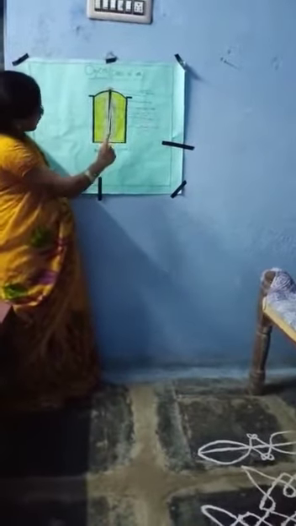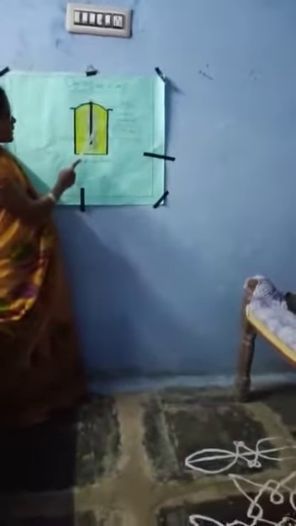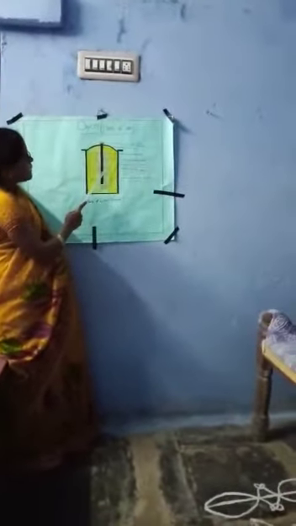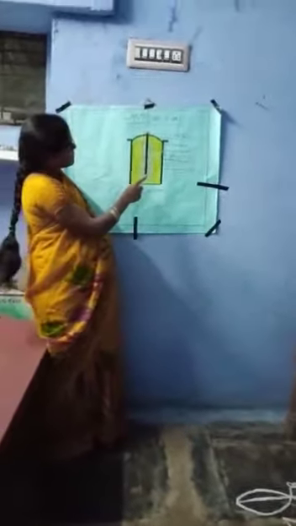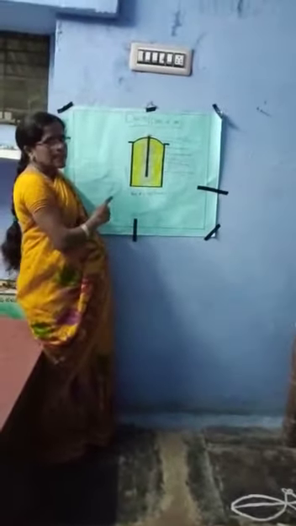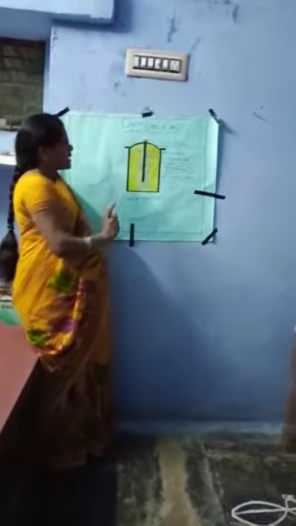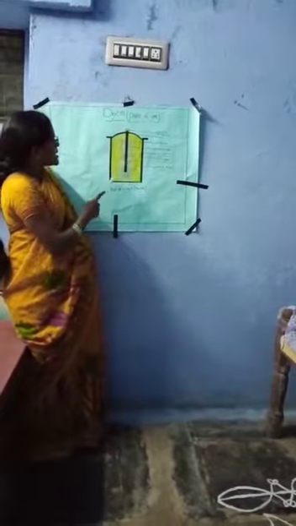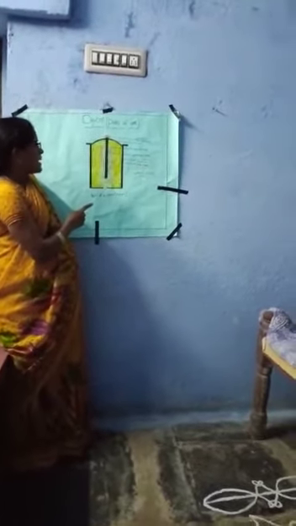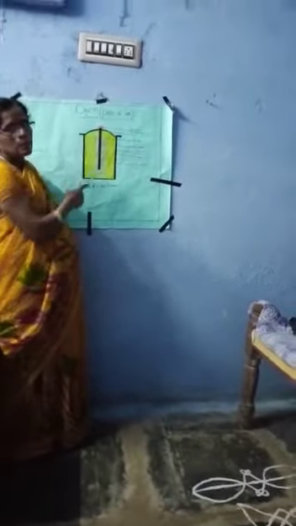The carbon rod is surrounded by a mixture of carbon particles and a chemical called ammonium chloride. The dry cell can supply electric current in a circuit for a certain time. After that it gets exhausted and cannot be used anymore.